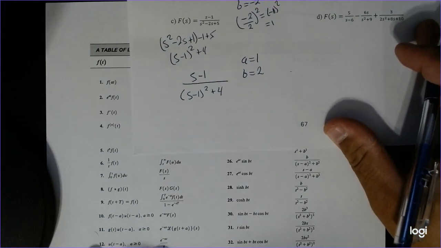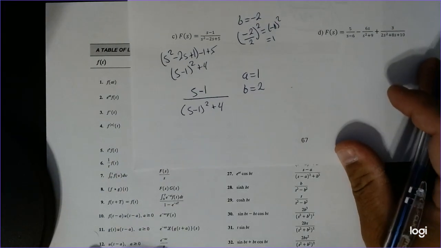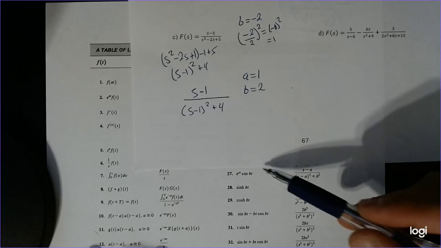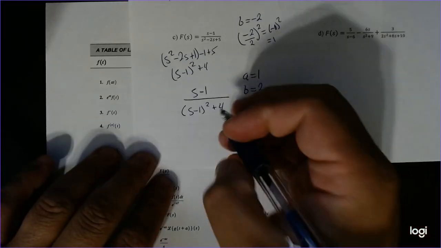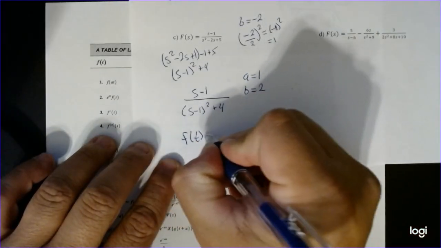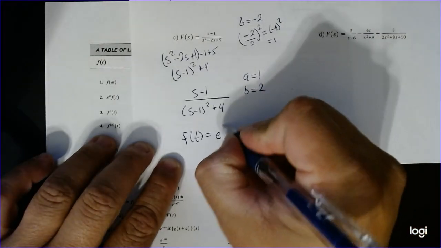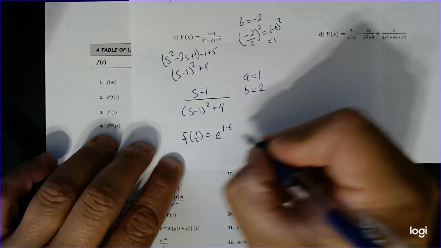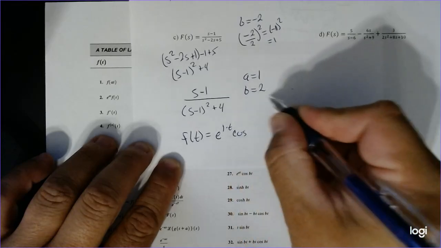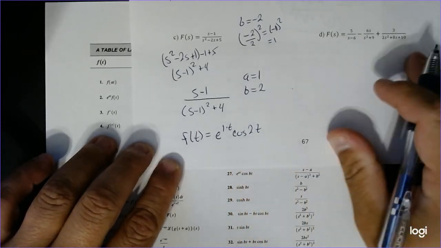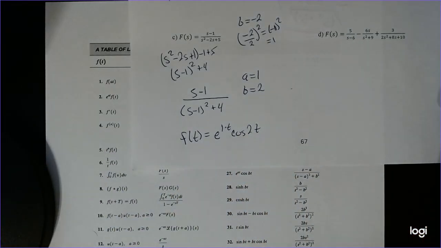And this Laplace transform goes across as e raised to the at, so e to the 1 times t, cosine of 2t. And there's our Laplace transformation.